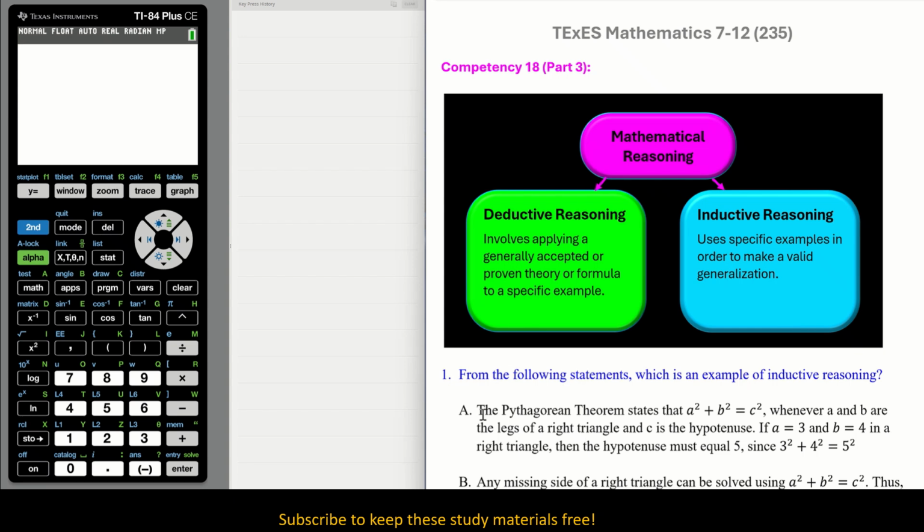For this part of Competency 18, we're focusing on mathematical reasoning in the aspects of deductive reasoning and inductive reasoning. Deductive reasoning involves applying a generally accepted or proven theorem or formula to a specific example.